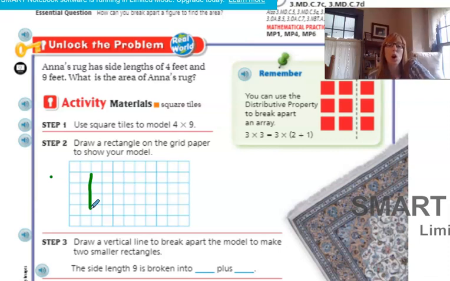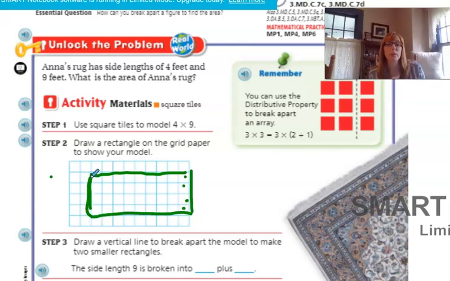And then over 9 because it's the longer way. 1, 2, 3, 4, 5, 6, 7, 8, 9. Check your work. Okay, so you should have 4 on the side and 9 up top.